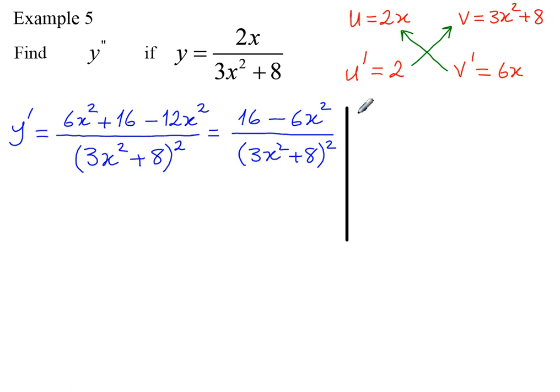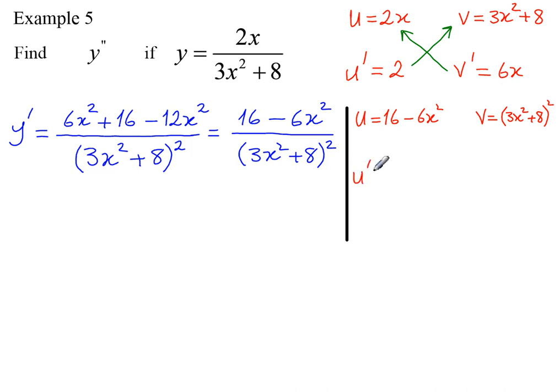So u, the numerator, is 16 minus 6x squared, and v is the denominator, which is the bracket 3x squared plus 8 to the power of 2.